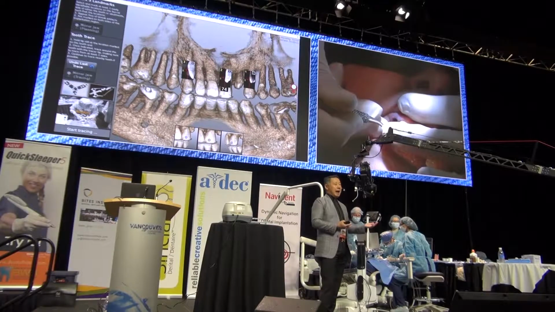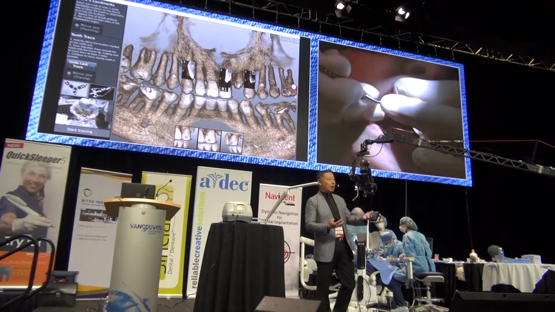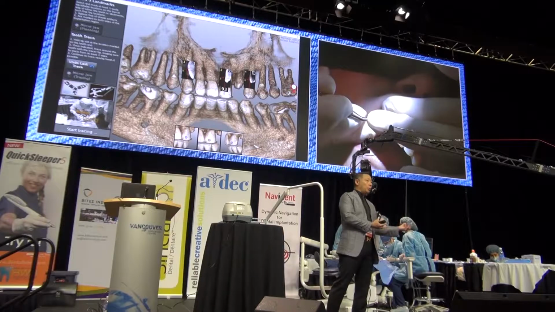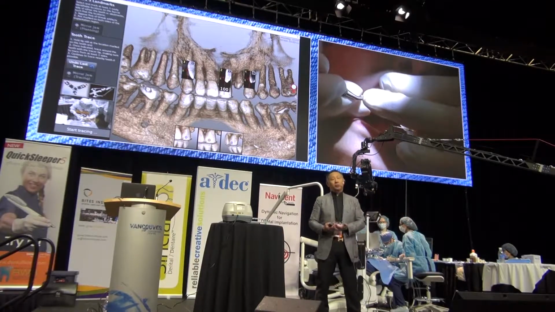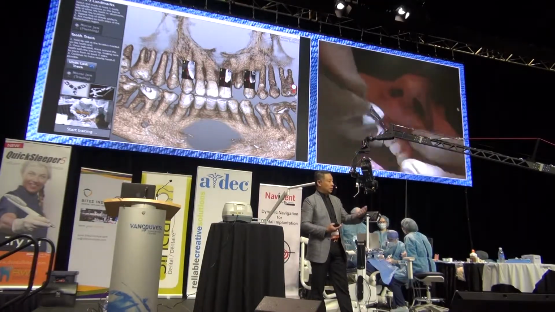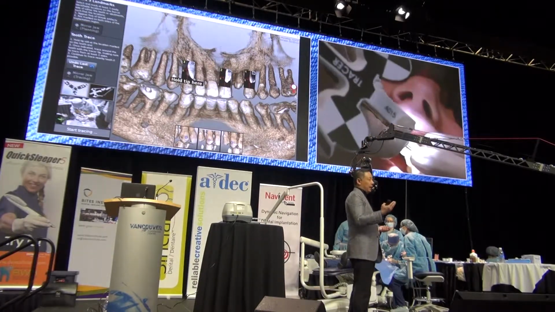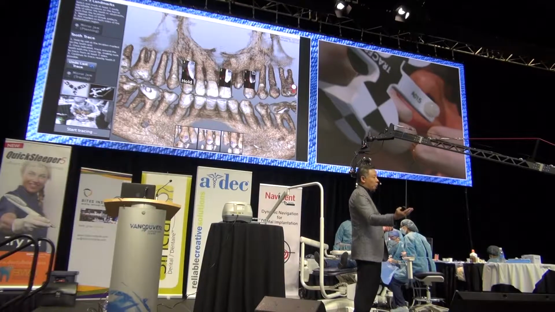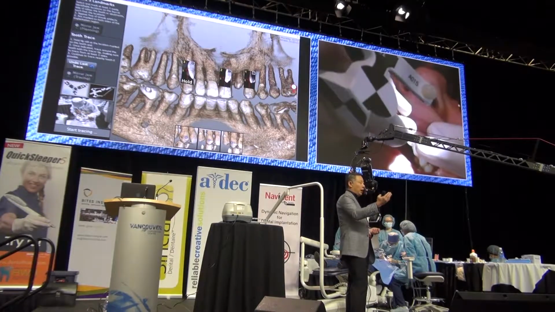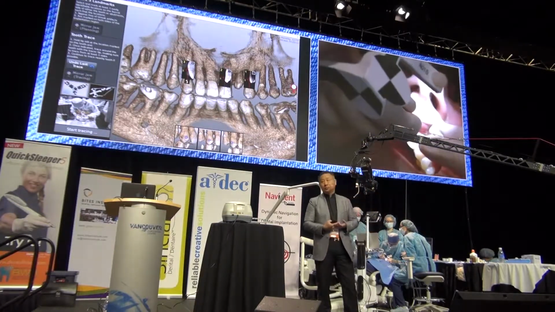The objective right now is to correlate what you see in a cone beam into the intraoral environment. So what we have to do is interpret the data and get that implant osteotomy, again, more palatal and or more apical to engage the bone.